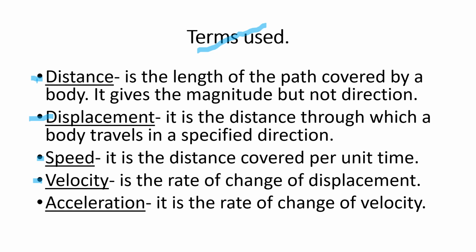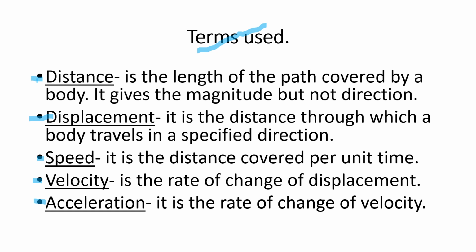Then there's the last term here, which is acceleration. Acceleration is the rate of change of velocity. It develops from velocity. So acceleration is the change in velocity, which is calculated by final velocity minus initial velocity over time. We'll check that in our next video.